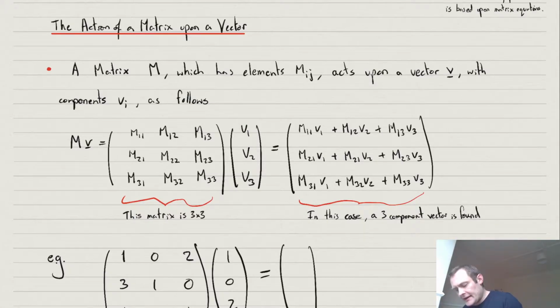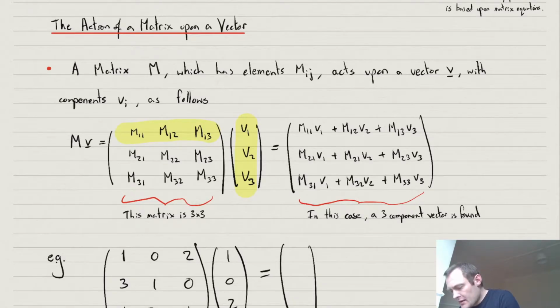Now, in order to calculate how it acts, we first work through the top row, and we multiply every element in the top row by every element in the vector. So you're going to get m11 times v1, m12 times v2, m13 times v3, and add those all up and they all go in the top element. Then, let me display that. Okay. Then we'll have the second row, and we do the equivalent steps, right?